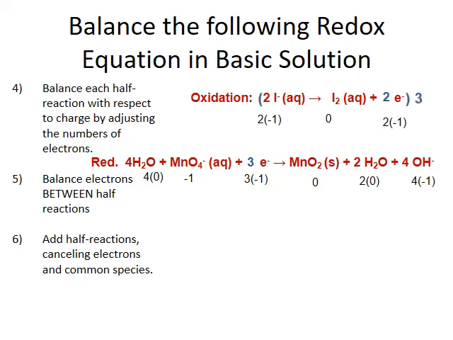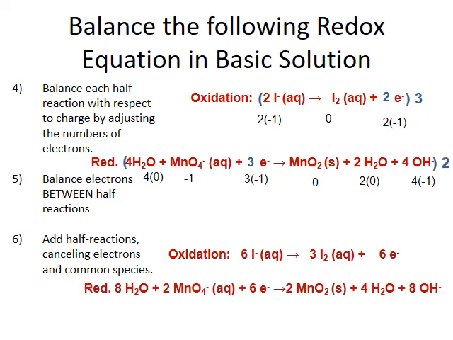That means we're going to multiply the oxidation half reaction by 3, and we multiply everything in that reaction. And it gives us 6 iodide ions on the left and 3 iodine molecules and 6 electrons on the right. For the reduction half reaction, we'll multiply everything by 2. It gives us 8 water molecules, 2 permanganates, and 6 electrons on the reactant side. On the product side, we have 2 manganese dioxides, 4 water molecules, and 8 hydroxide ions.